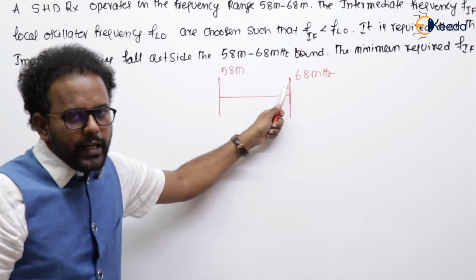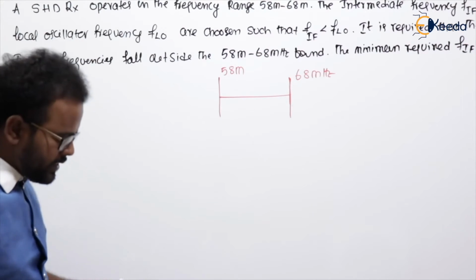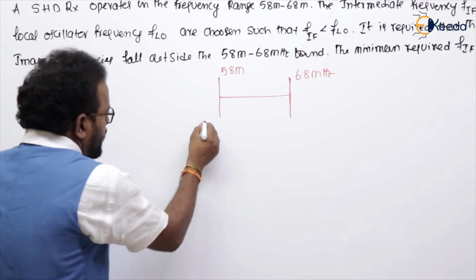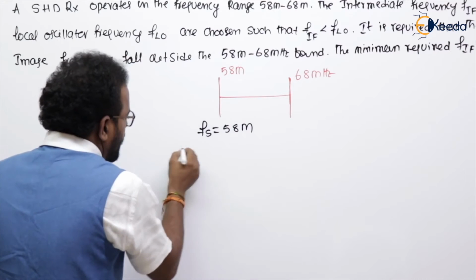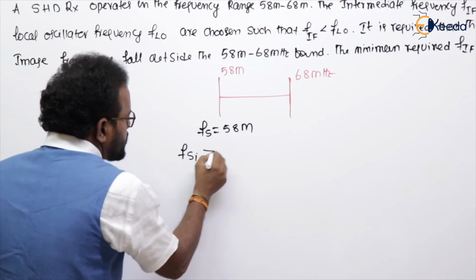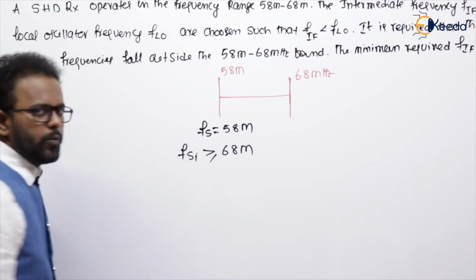Or if you are operating at 68, the image has to come before that. Suppose our station is working at 58 MHz, then the image frequency has to come after 68 MHz, ideally or equal to.